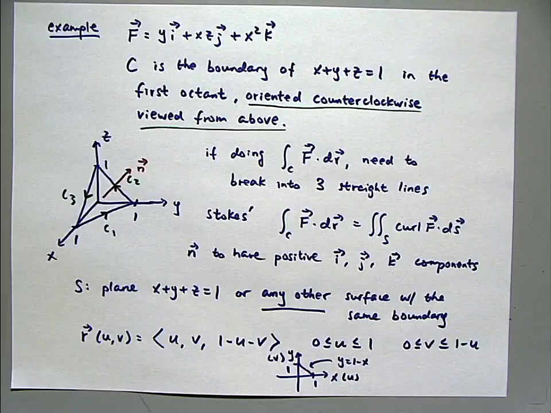All right. So now Stokes' theorem, Lord Kelvin's theorem, said that instead of doing that three different lines thing, we could have done this. And here we have to do v first because v depends on u.